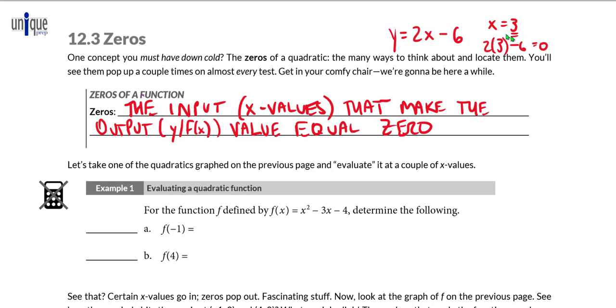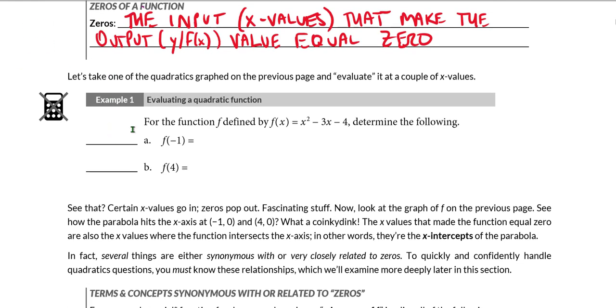So 3, that input or x value, produces an output or y value of 0, and therefore 3, that x value, is a zero of this linear function. So again, that's all a zero is. It is an x value that makes the y value equal 0.